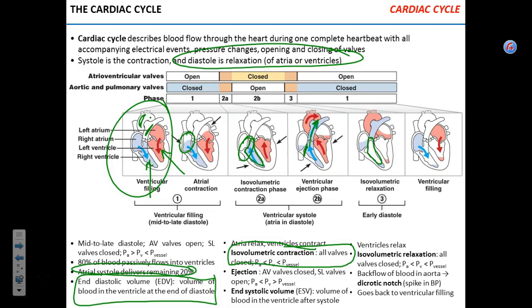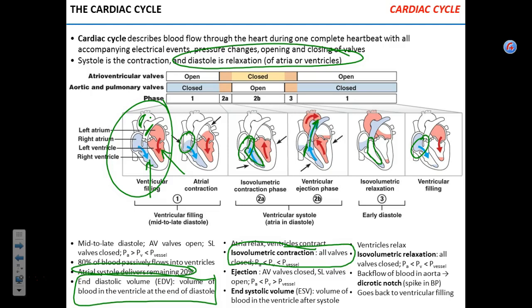Does that make sense? And then eventually when ventricles are completely relaxed, the pressure in the ventricle is so low that AV valves open and you start the whole thing again. Does that make sense?